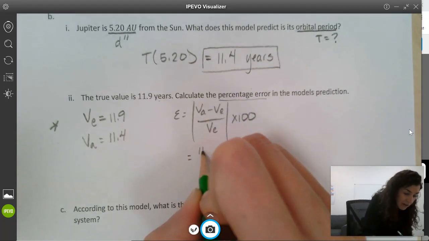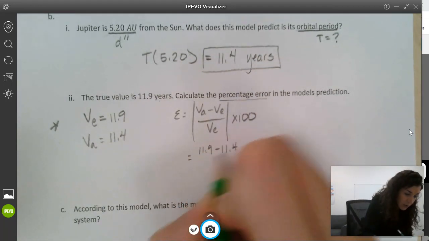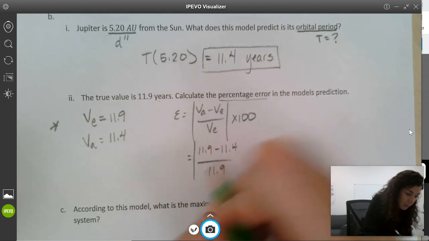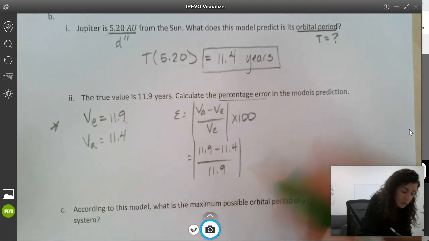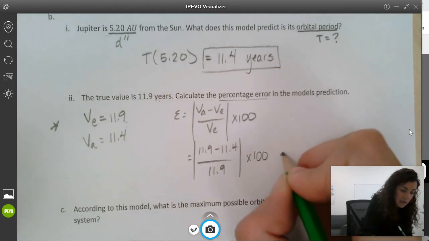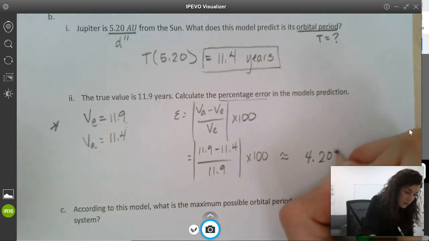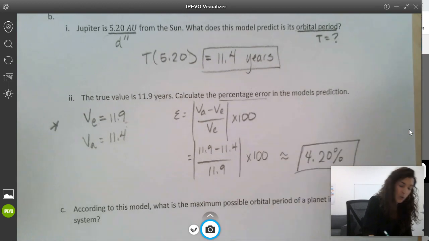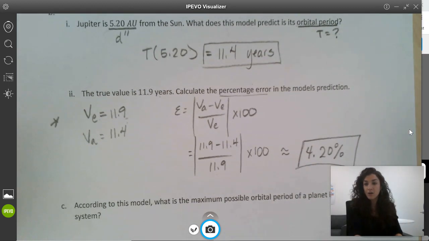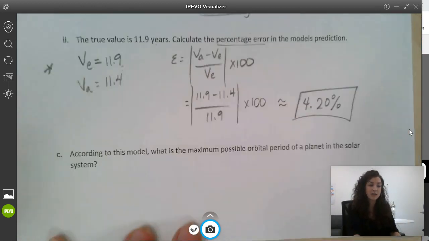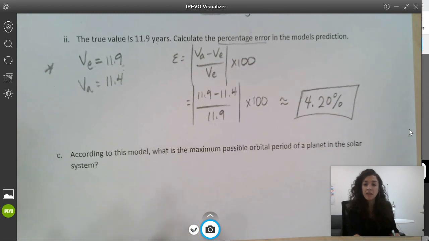So you should have 11.9 minus 11.4 all over 11.9, our exact value in the denominator. And we get approximately 4.20%. So our model has an error of 4.2%, which is a significant error.